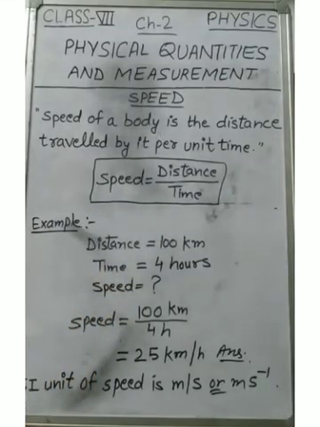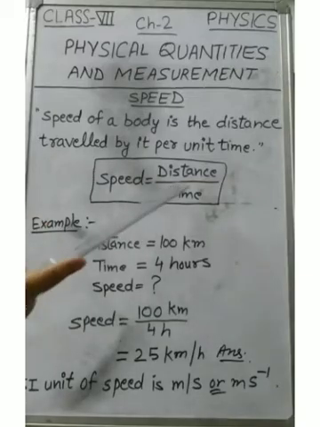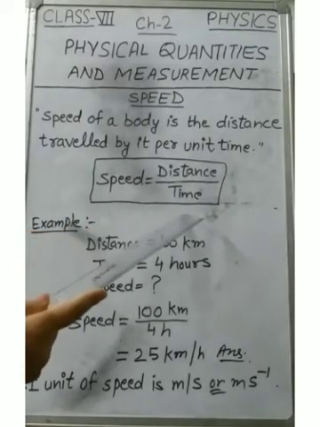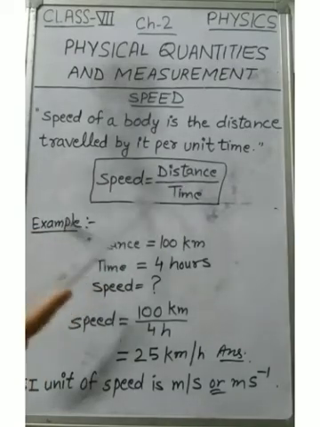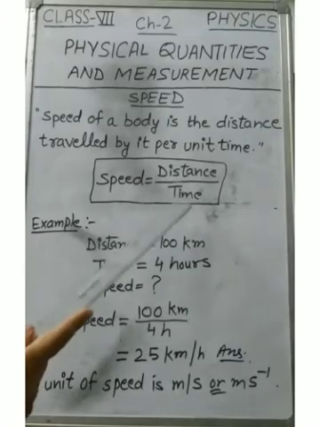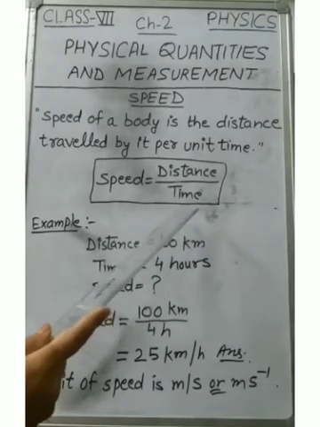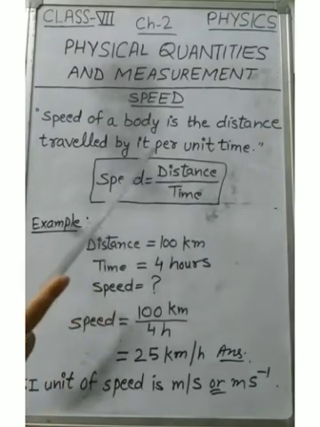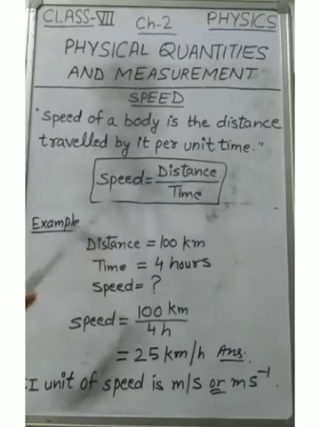So the formula for speed can be written as speed is equal to distance upon time. It means if we know the distance traveled by a body in a particular time, we can get the speed of that body by using this formula.